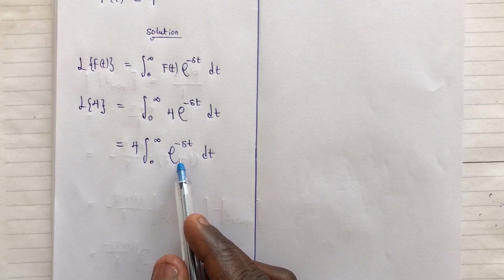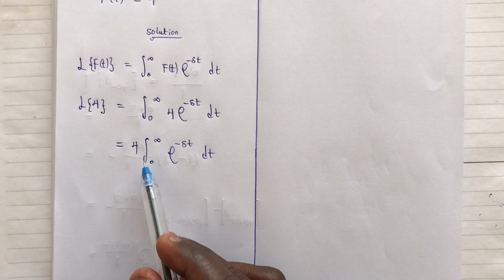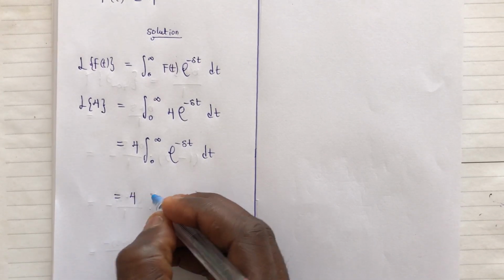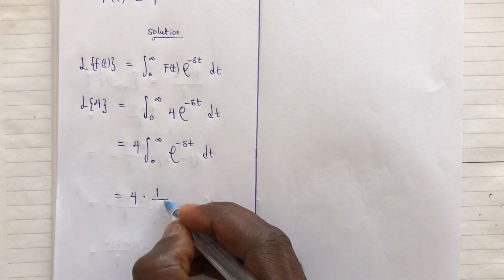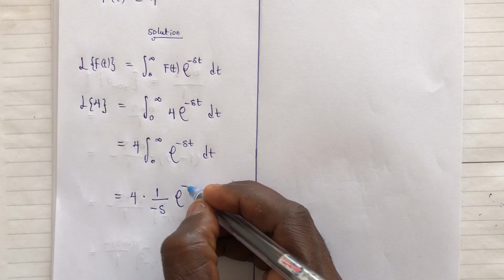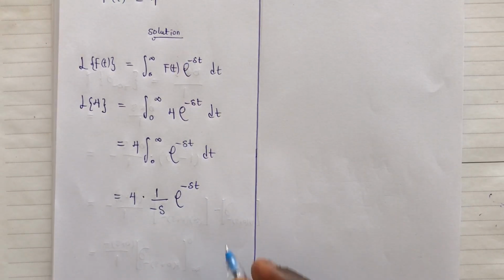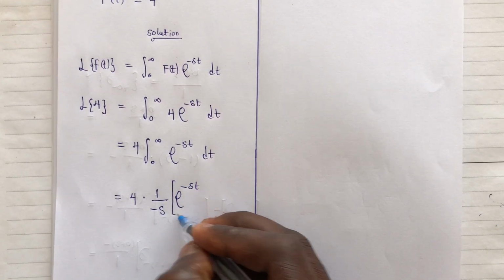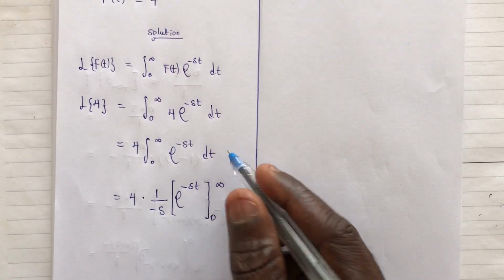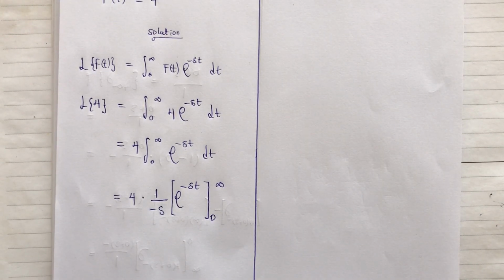So I'll just integrate this side and introduce my upper and lower limits. So this is giving me 4 times 1 over negative s times e to the power minus st. Then I will introduce my limit, put this into brackets, 0 to infinity. dt is gone because I've integrated the function.